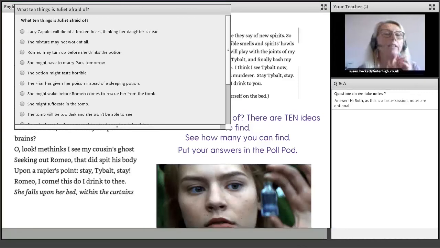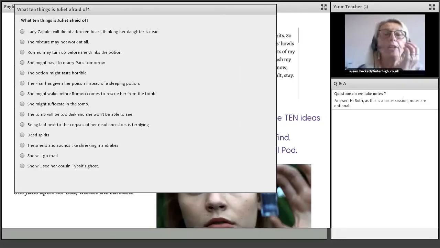Can you all see that? Off you go. Click on anything you think she's afraid of that you managed to pick up from Violet's fantastic reading, which was absolutely amazing.